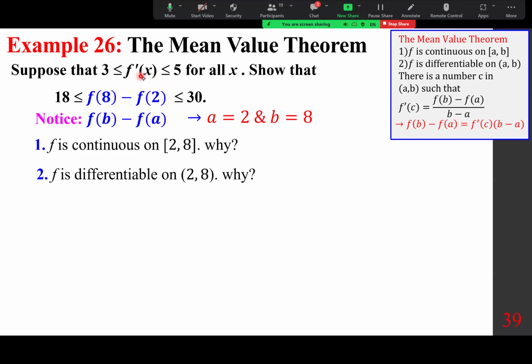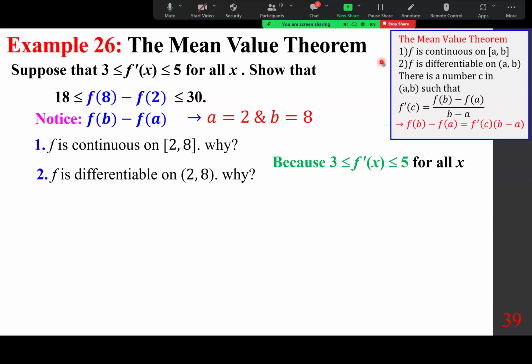That means the function is differentiable. If the function is differentiable, it's also continuous, not the other way around. So since they mentioned f prime is between 3 and 5 for all x, it makes it continuous and differentiable.